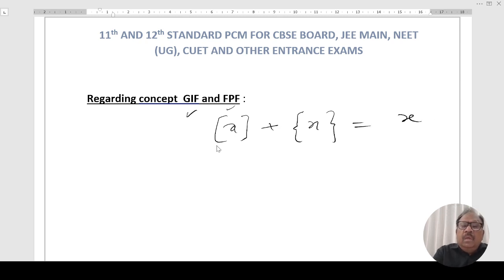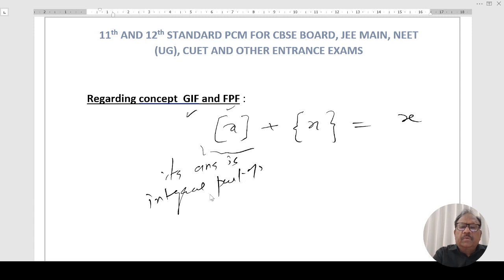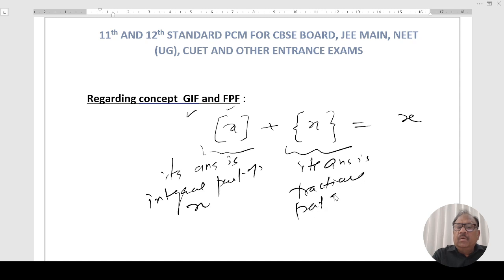The greatest integer function of x gives the integral part of x. The fractional part function of x gives the fractional part of x.